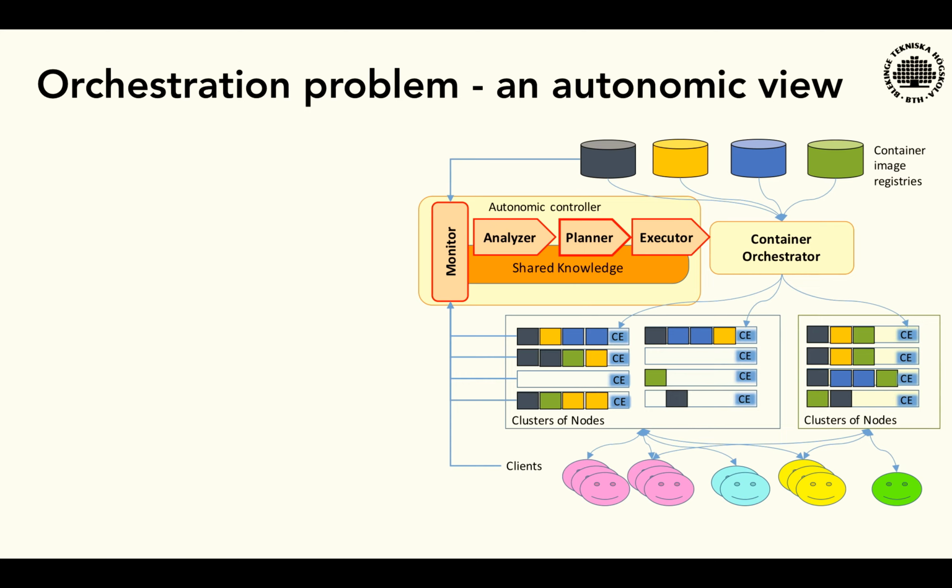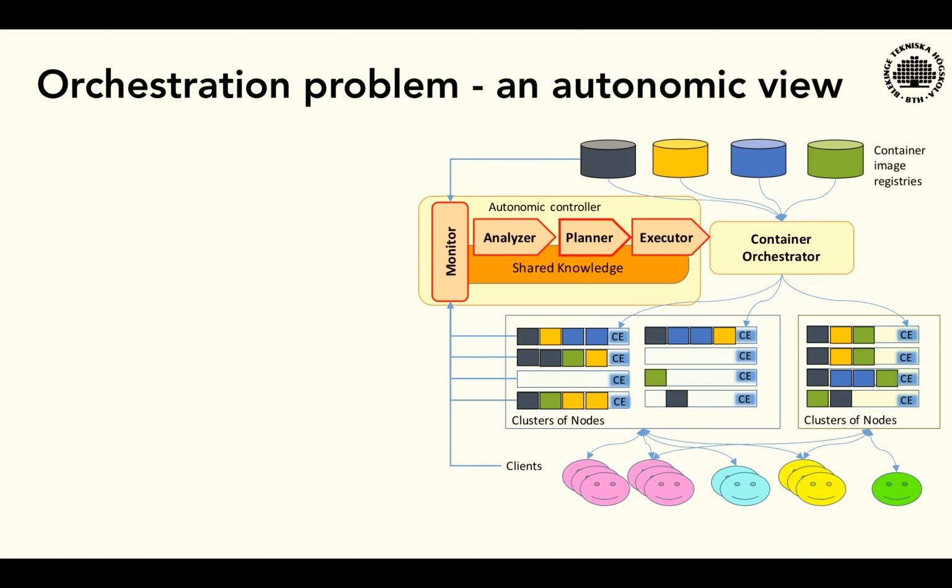We have to manage the resources for running these containers, scale the containers, and guarantee that containers are reliable, and all this must be done in an autonomic way, like for virtual machines. So the natural approach is to apply the classical MAPE controller to the container orchestrator.